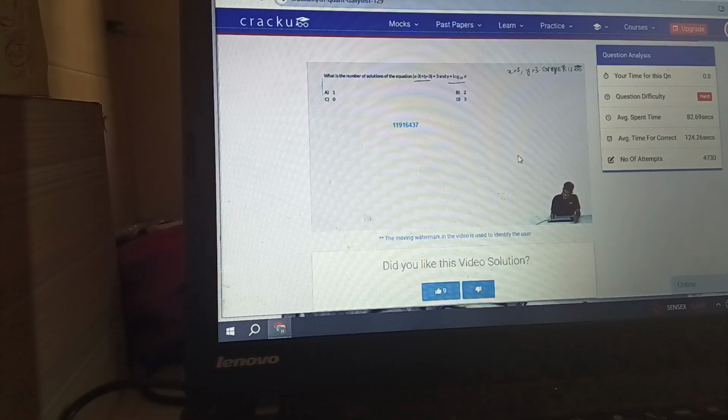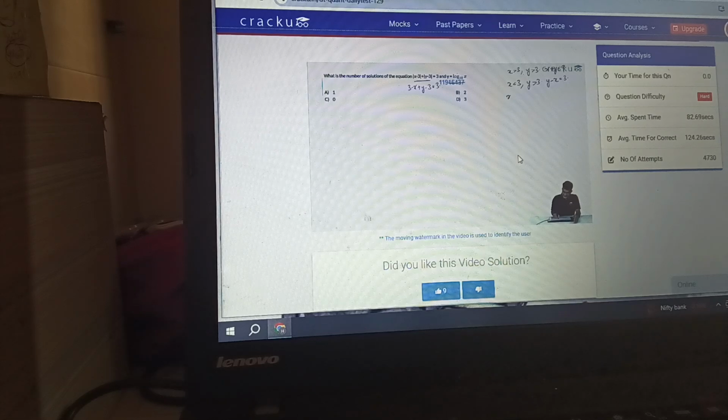is equal to 9. If x is less than 3 and y is greater than 3, then this equation becomes 3 minus x plus y minus 3 is equal to 3, or y minus x is equal to 3.